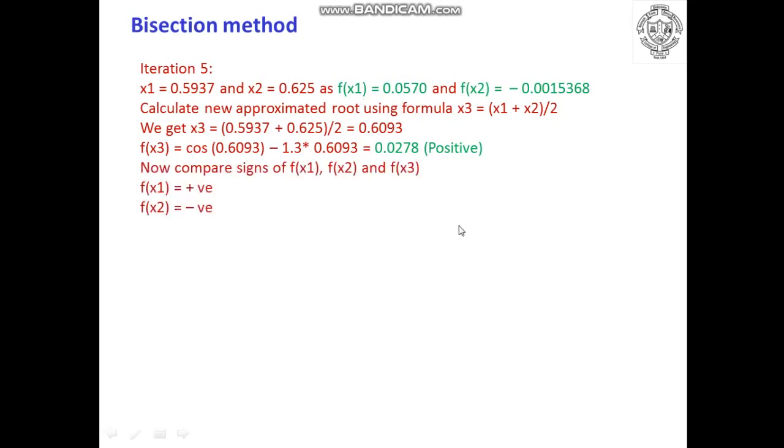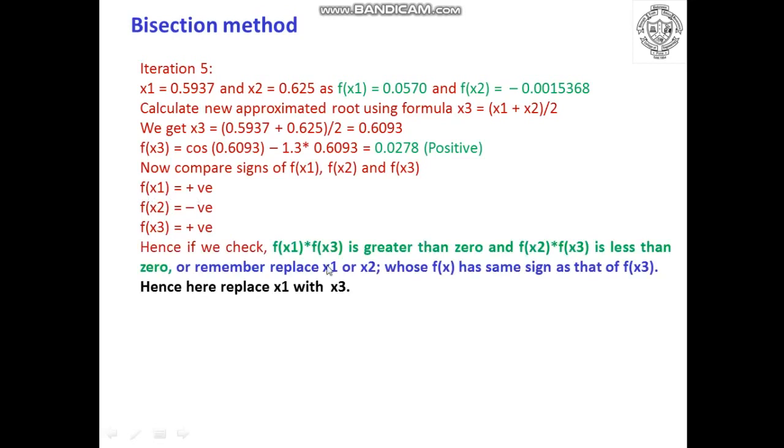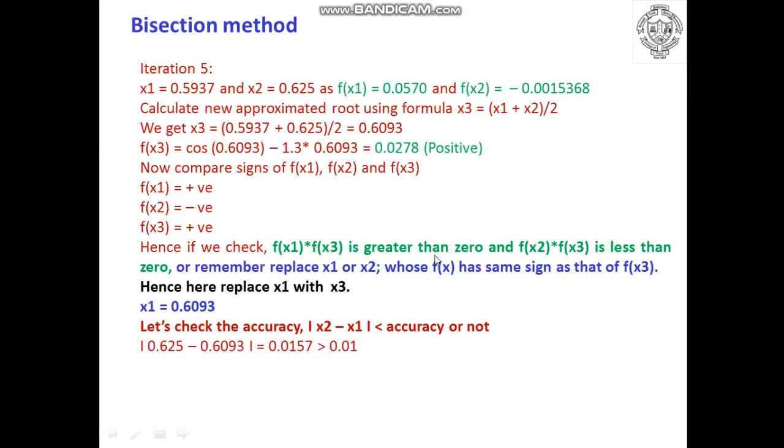As I already said, if we compare the signs of these three functions, we will find that the sign of f of x1 and f of x3 are the same. So let us replace x1 with x3. So now your x1 will be equal to 0.6039. So let us check the accuracy using the same criteria. So the absolute difference between 0.625, that is x2, and 0.6039, which is x1, the answer is 0.0157.